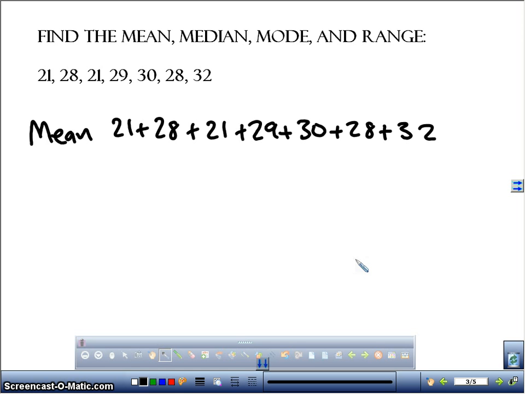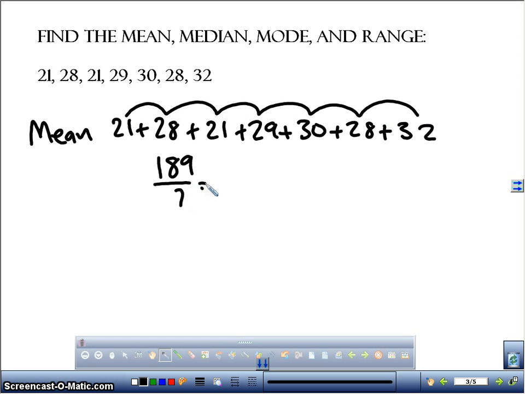And once I've added all those together, I am then going to divide by the amount of numbers that I added together. Let me just add these up in my calculator. 21 plus 28 plus 21 plus 29 plus 30 plus 28 plus 32. That gives me 189. And I added together 1, 2, 3, 4, 5, 6, 7 things. So I divide that by 7.